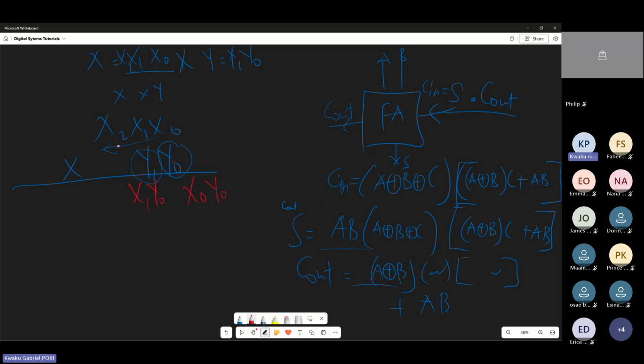Third one will be Y0 X2, which is X2 Y0, like this. Then this guy goes to multiply. So this one too, Y1 multiplying all of them. So you have X0 Y1, X1 Y1 here. Then you add all of them.